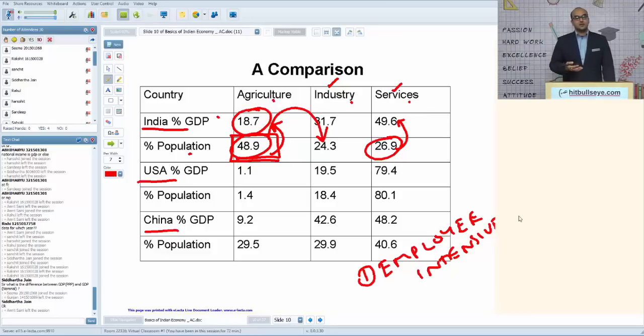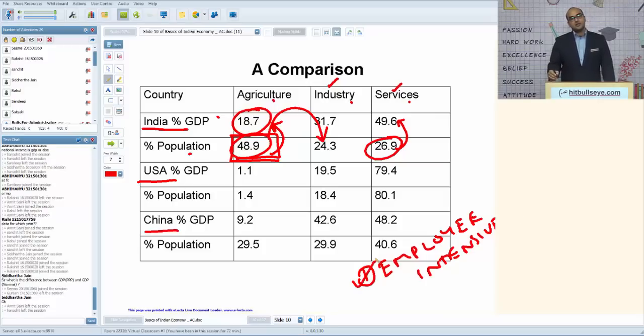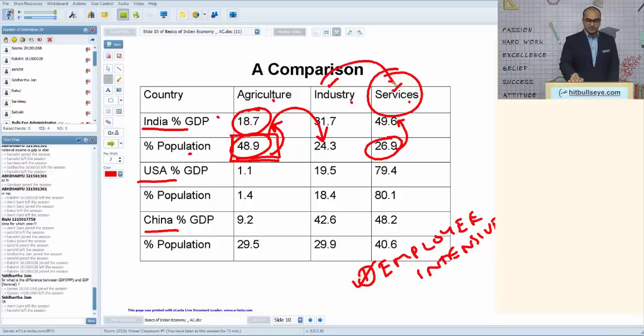So industries will absorb all kinds of labor, and the number of jobs that the industrial sector can provide is considerably high when you compare it to services. So when you talk about services itself, it is only suitable for highly skilled people. So if you think about software industry in India, only highly skilled and highly educated people can hope to enter this particular sector. So that is why we are really focusing on industry.